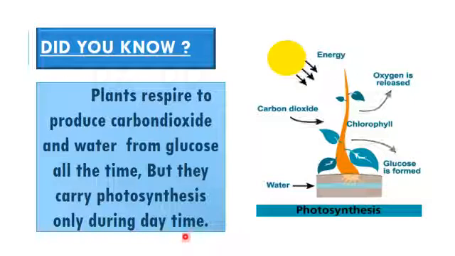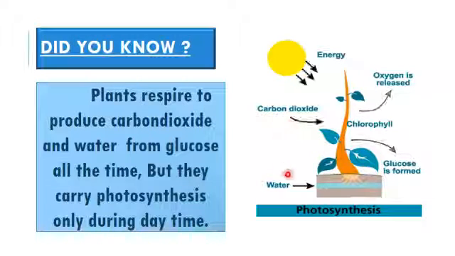So why does it happen only in daytime? Because in daytime you can see sunlight is there, so that is a very important factor for photosynthesis. Photosynthesis is a process by which plants make their own food by using carbon dioxide and water from the roots, and sunlight with the chlorophyll of the leaves.